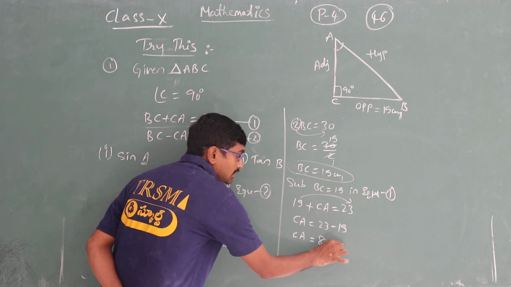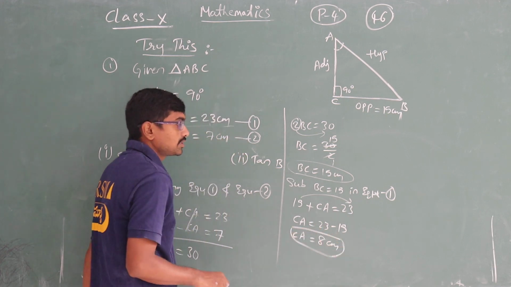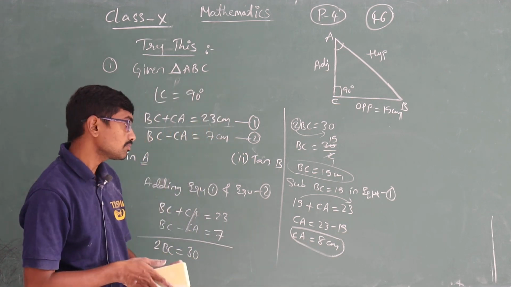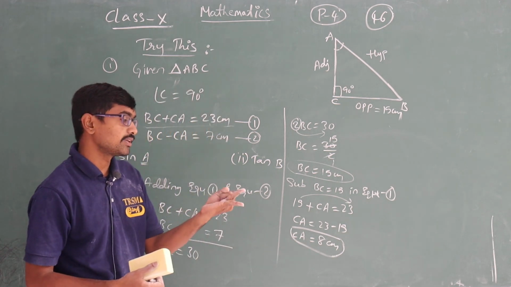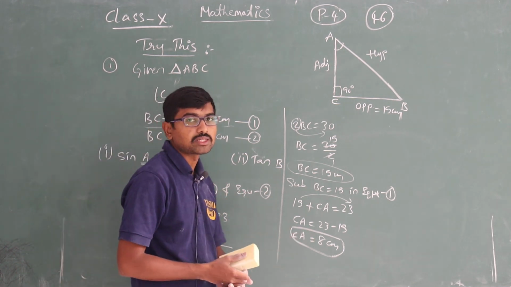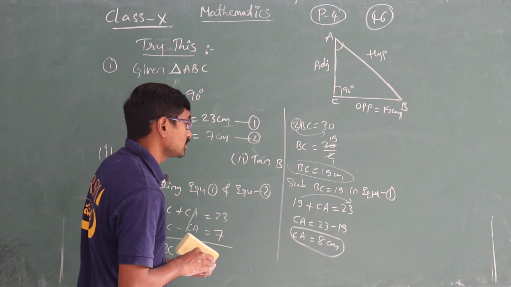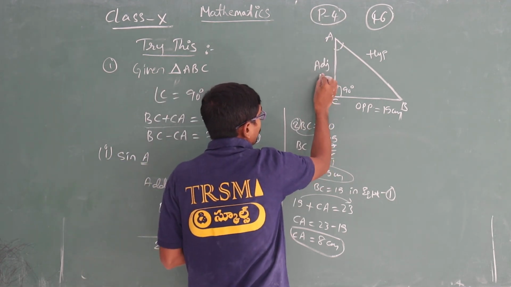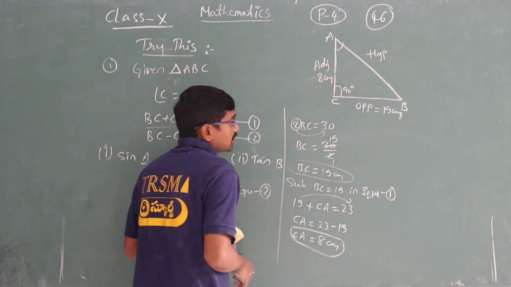If I work out 23 minus 15, I will be getting 8. Am I right or wrong? 8 centimeters. How? 23 minus 15 gives 8 centimeters. 15, 16, 17, 18, 19, 20, 21, 22, 23. We have got 8 centimeters here. So here CA, what is CA? This is the CA value, which we have got as 8 centimeters.